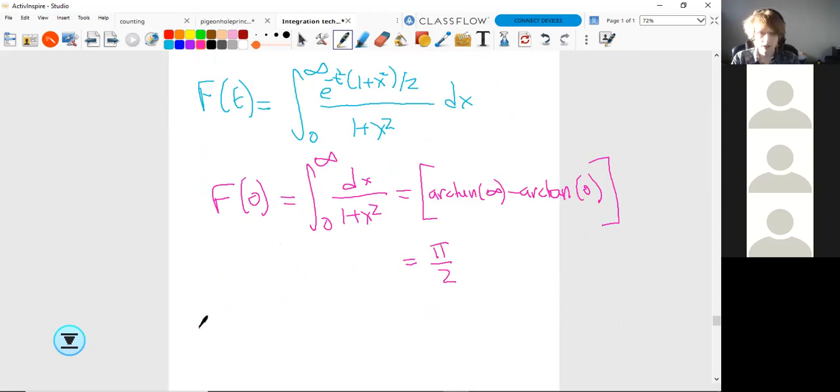Okay, and we're also going to notice that F of infinity is equal to 0 because we're taking a definite integral from a point to itself. So that's 0.